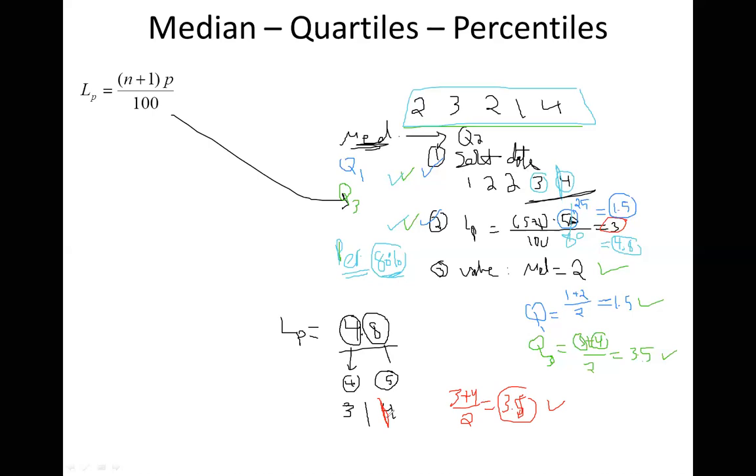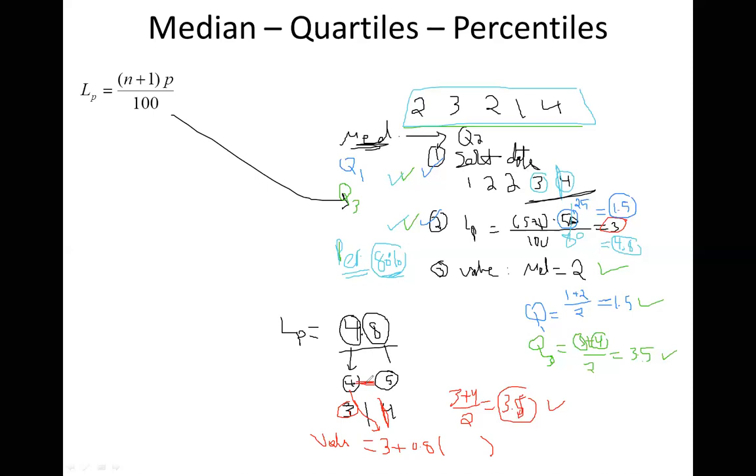How can I do that? Very simply, I'm saying that 4.8 is between the value number 4 and value number 5. Then the value of that percentile equals, first, the value number 4, which is 3, plus the remaining of the order, that is 0.8, times the difference between these two values.